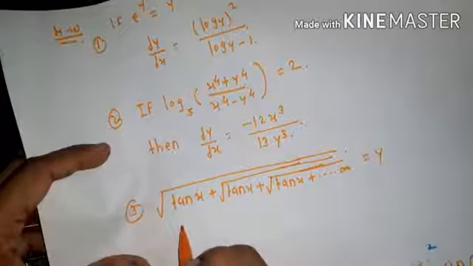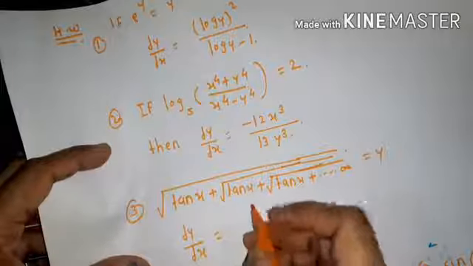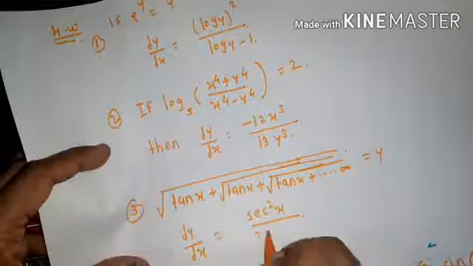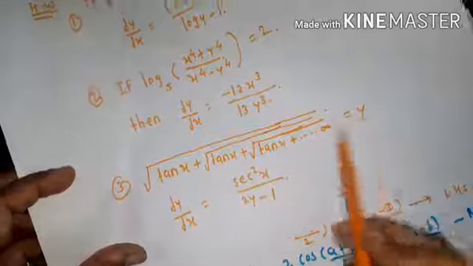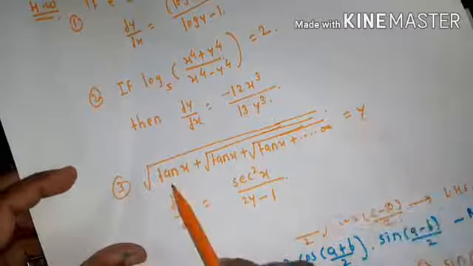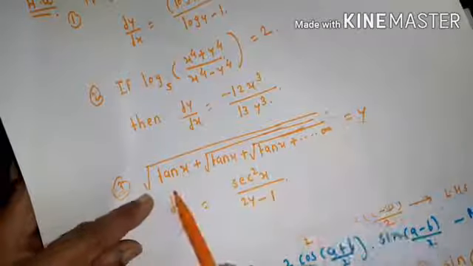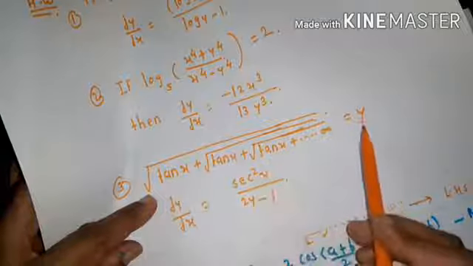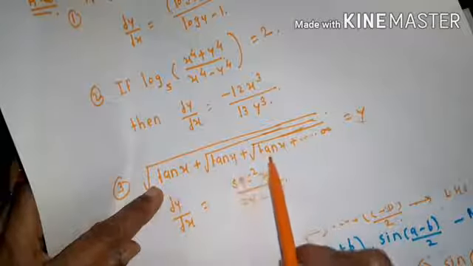Then show that dy by dx equal to sec square x upon 2y minus 1. Here squaring on both sides, you get y square equal to tan x plus square root of this value. Again, this is the value of y, so y square equal to tan x plus y. Differentiate, you will get the answer.